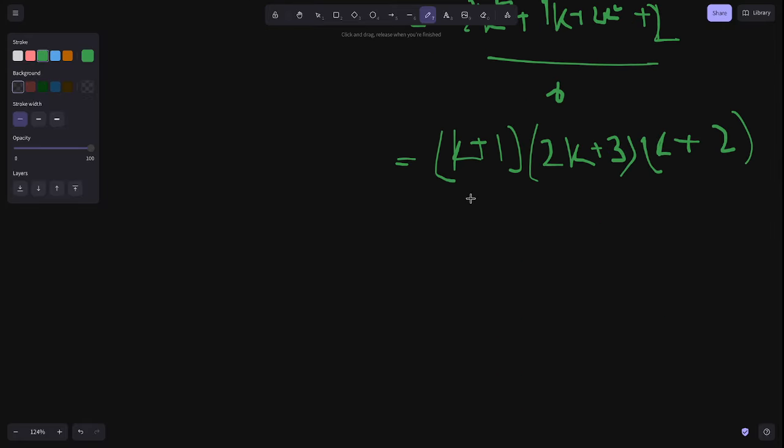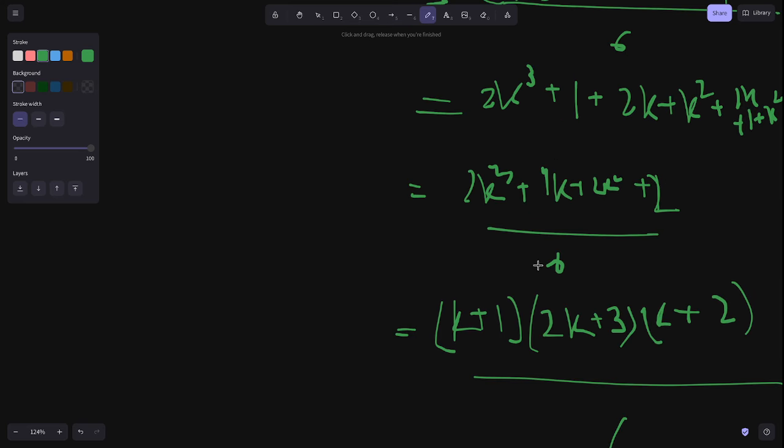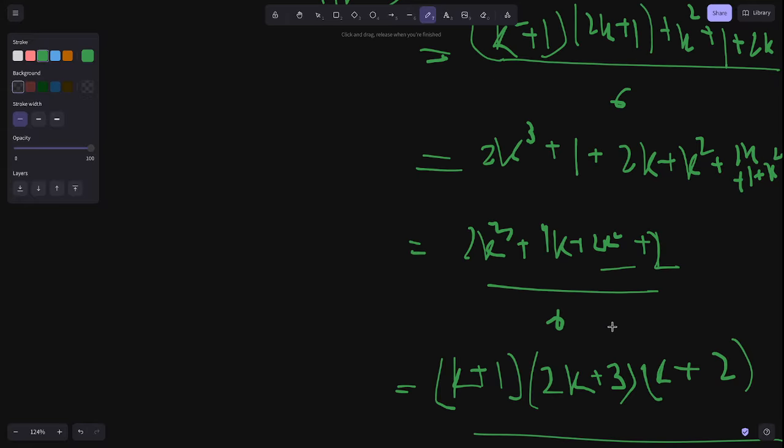I might, by 6. So 2k cube exists, that's okay. How many k squared are coming? This will be k squared into 2, 2k squared. Okay. Does 4k come? Okay, it's coming out as 5k, I guess. Did I make some silly mistake?